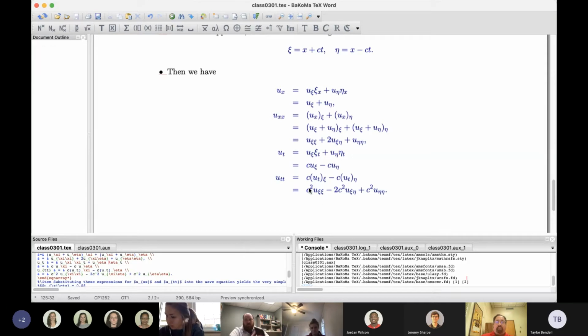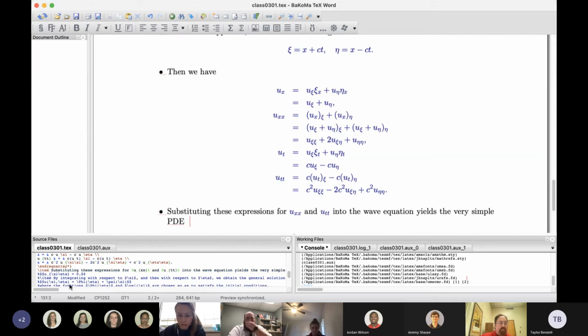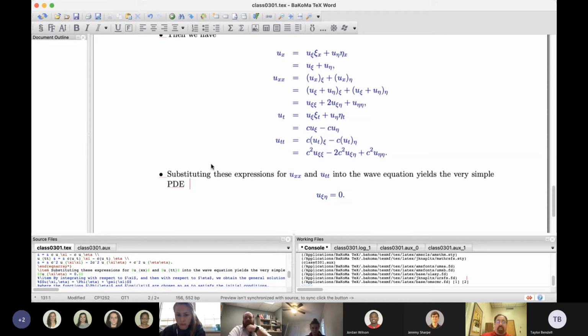These are going to cancel. These terms, because this is multiplied by c squared, will also cancel. So a lot of things cancel. And what I end up with is a very simple PDE. U with respect to xc, then eta is equal to 0. That's because of a cancellation of these terms and these terms.